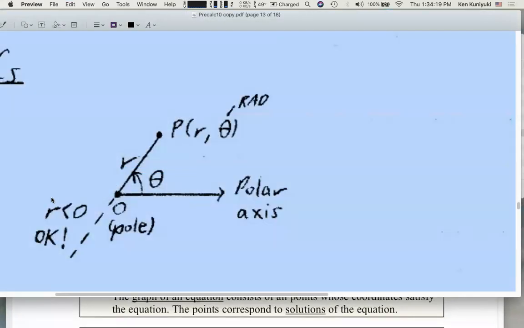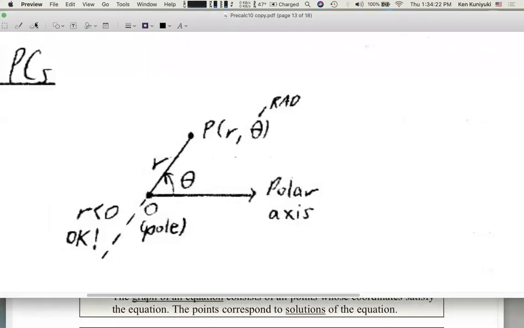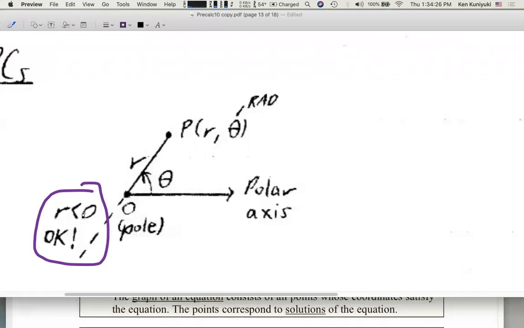It is legal for r to be negative. That's okay. If r is negative, you're actually walking in the opposite direction from what you expect. We'll talk more about this later on. Also, the positive or non-negative x-axis is now called the polar axis. This corresponds to theta equals 0 for non-negative values of r.